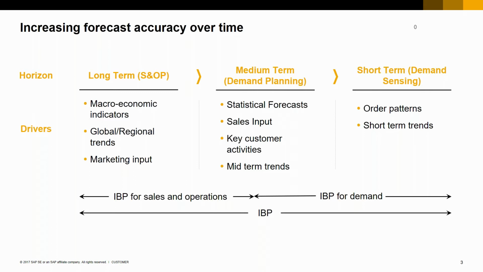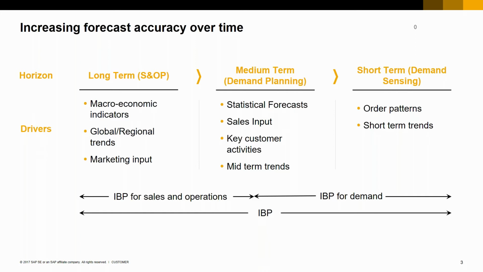As we move into the medium term, more of what we would term traditional demand planning, we're running statistical forecasts. We're getting maybe salespeople's input on the next quarter or two, and key customer activities, especially if we talk consumer products. We've got trade promotions, those types of things, and midterm trends. And then as we move into the very short term or demand sensing arena, we're trying to use order patterns and very short-term trends to make adjustments to our forecasts.